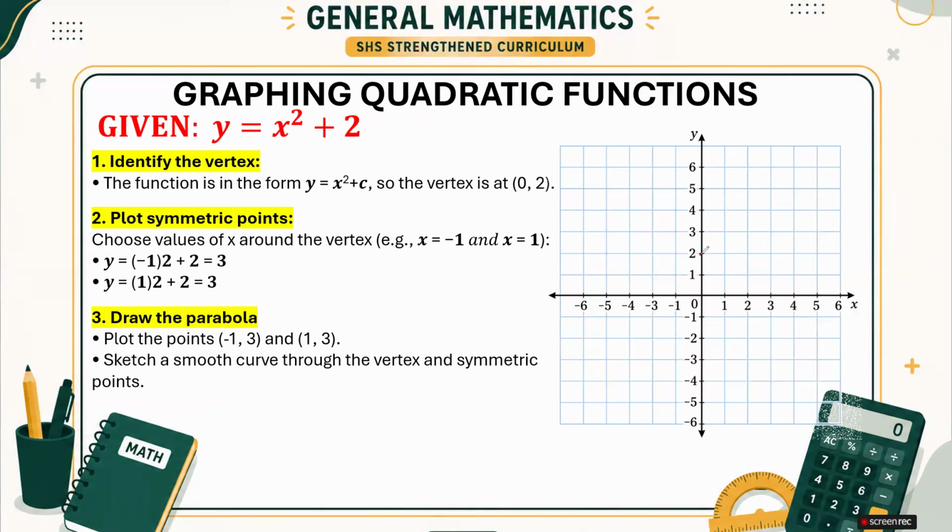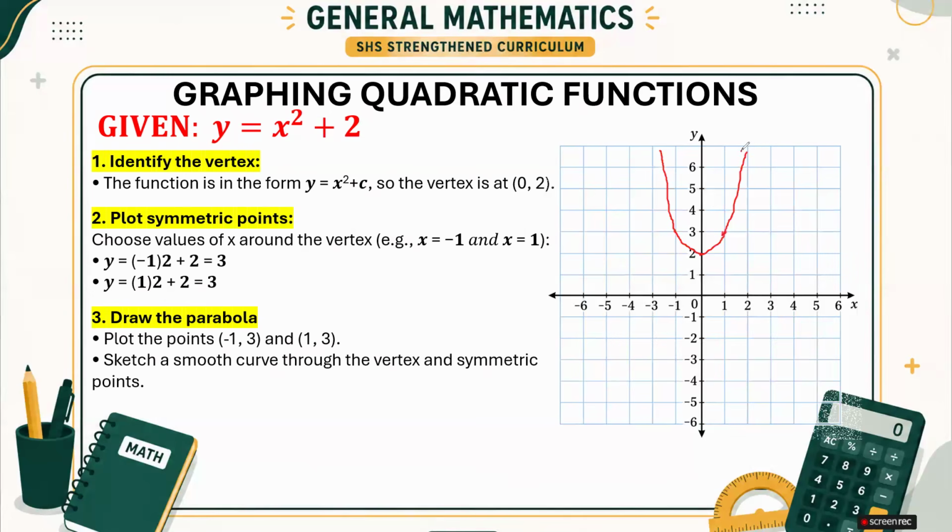This is the vertex. And then we have 1, 3 here. And then we also have -1, 3 here. Then you draw a smooth curve connecting the vertex.